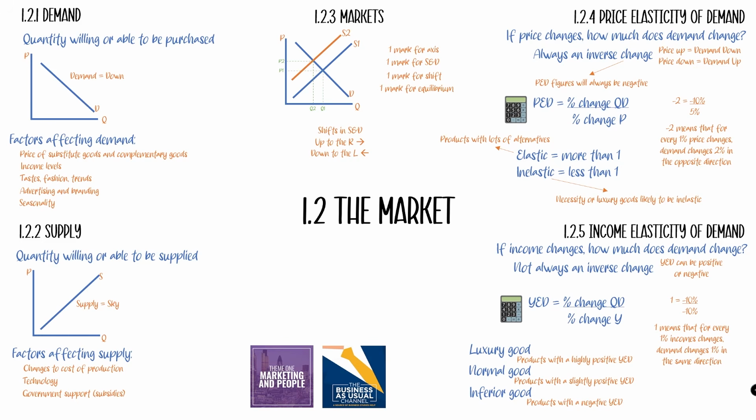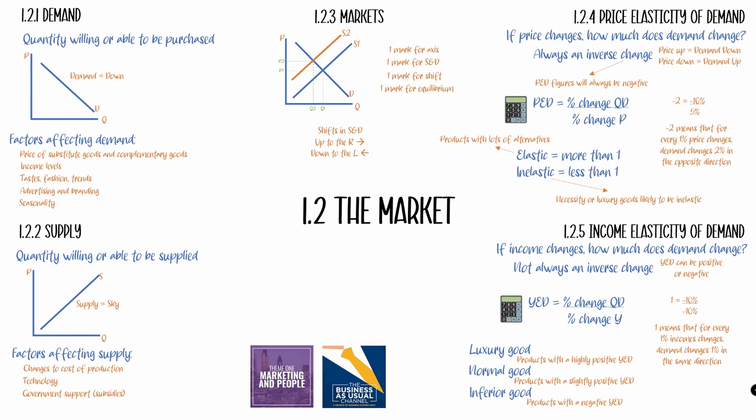Aldi actually tend to do better when incomes drop. So when incomes drop, their demand will increase because consumers looking to save money will switch to Aldi from more expensive competitors. I don't think it's necessarily fair to say that businesses want incomes to drop, but there are some businesses that sell inferior goods that do benefit from that.